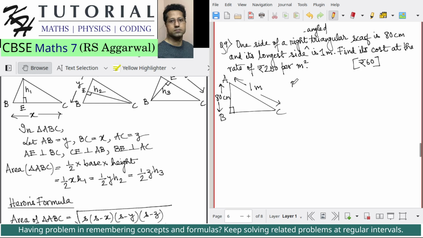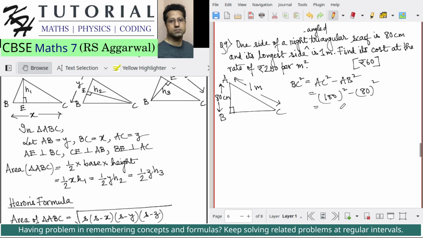So we know that BC square will be equal to AC square minus AB square. AC is 1 meter. Let's convert this to centimeter. 1 meter is 100 centimeter. So 100 square minus AB is 80 square.